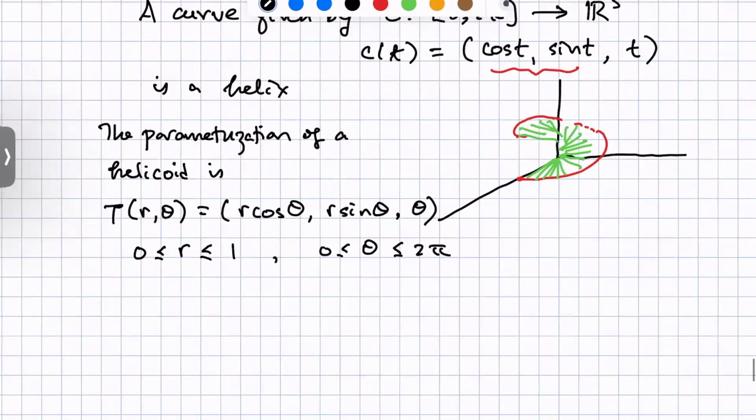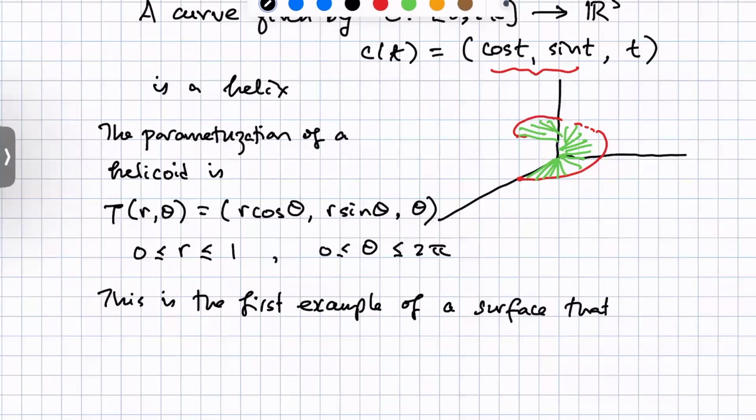Now notice that this is the first example that we've had of a surface that is defined by a parametrization directly. So what do I mean by that?